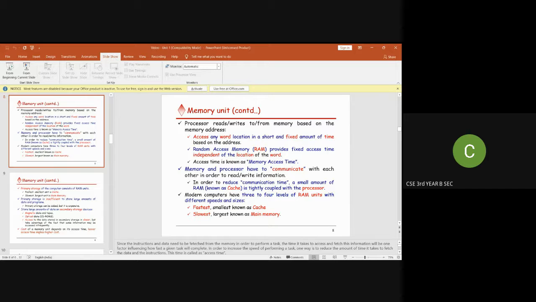Cache is the fastest but smallest memory, whereas the main memory is the largest one, but it processes data very slowly.